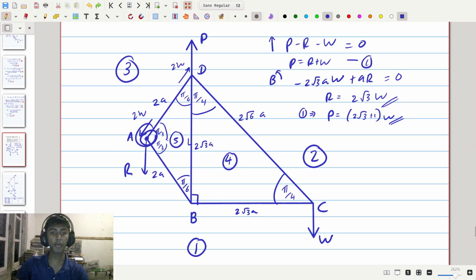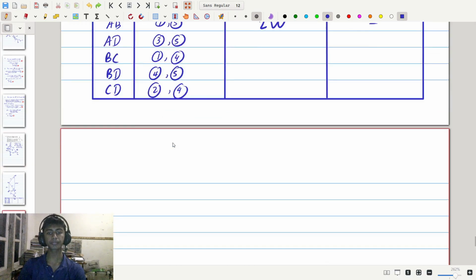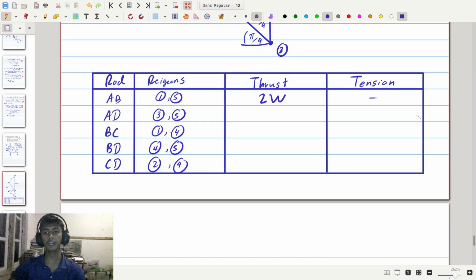The force on the rod AD by the point A is pulling it apart in this direction, and at the point D, the force on the rod AD by the point D is pulling it apart in this direction. So we have a pulling force, which means that the rod AD is under tension, and the tension is 2W. So going down, we can mark that rod AD is under a tension of 2W and has no thrust, because of course it has a tension instead.